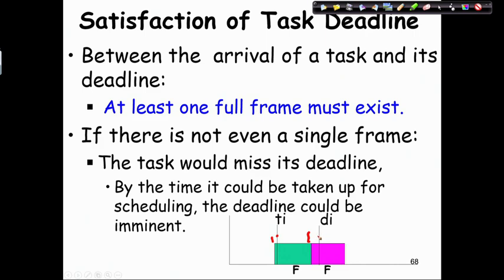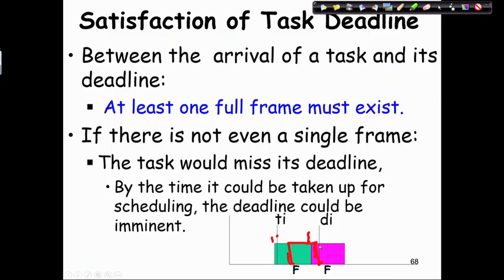And this condition requires that we must have at least one full frame between the arrival of the task and the deadline, because if there is a full frame existing here, then if the task arrives here, it can at least be taken up for execution in the next frame, and we know that the frame size is larger than every task execution time, and therefore, it will complete within the frame and its deadline is after that.